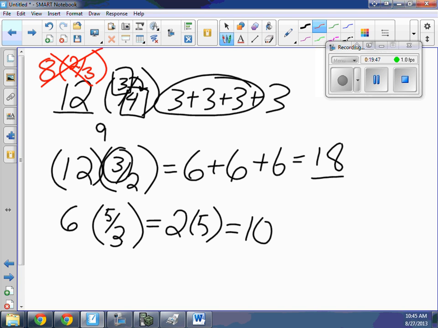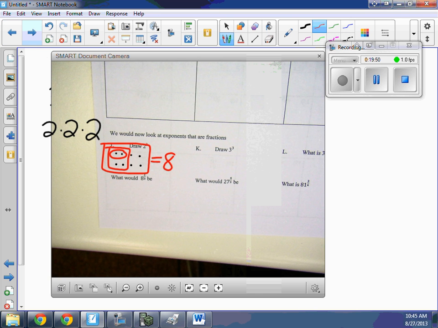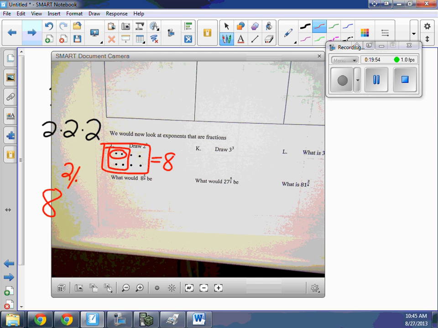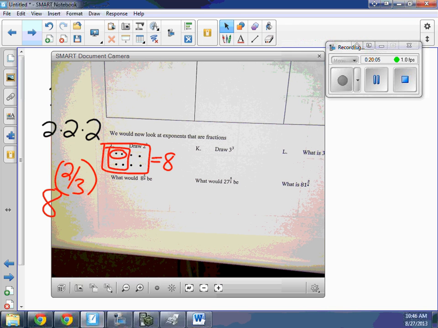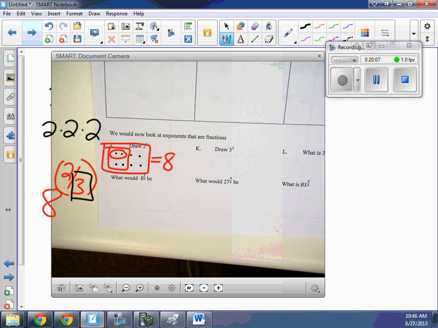But what if we use multiplication instead? What if we find 8 raised to the 2/3? Not times 2/3, but raised to the 2/3. So what this is asking is, can we break 8 into 3 equal multiplications?